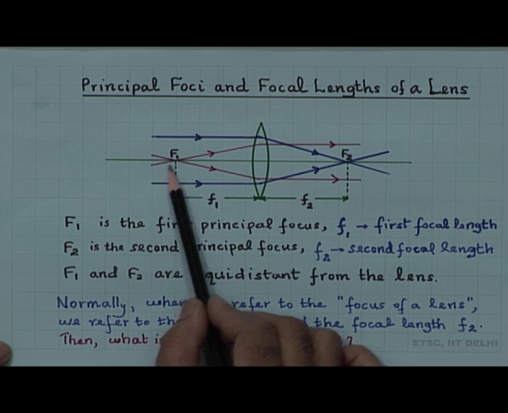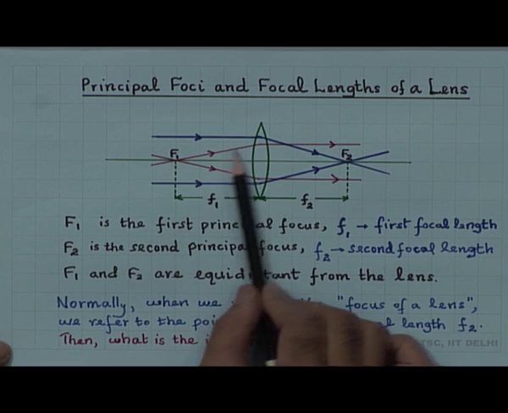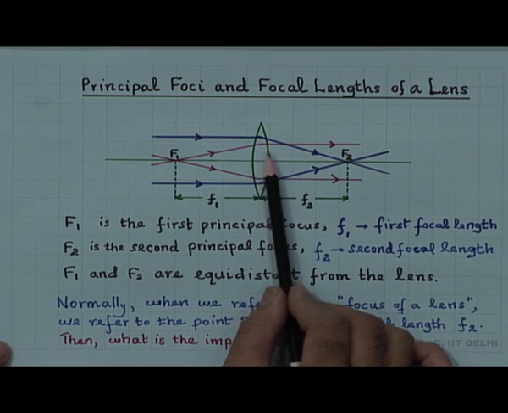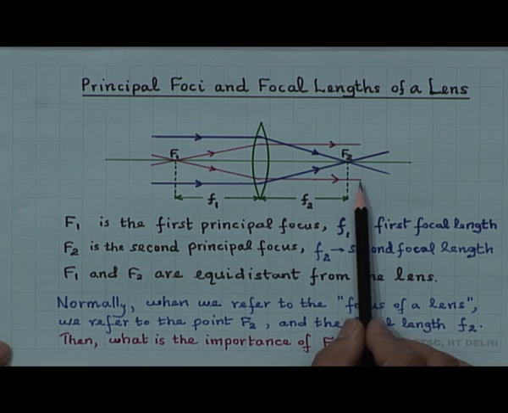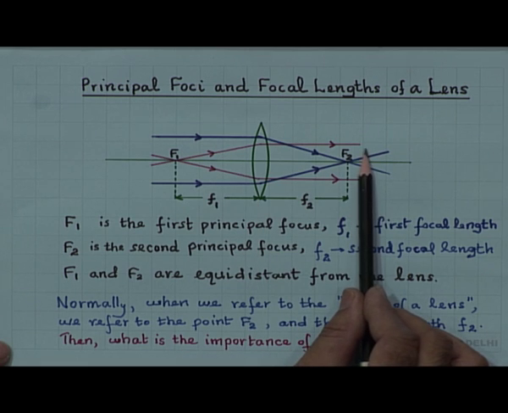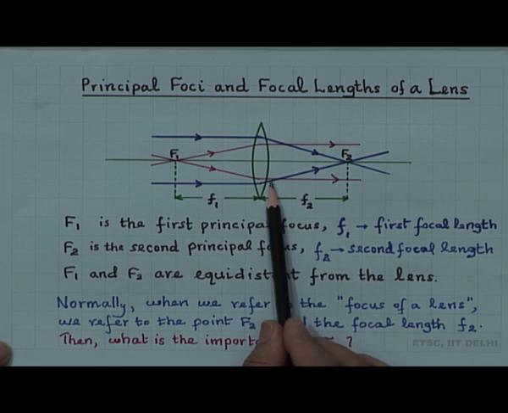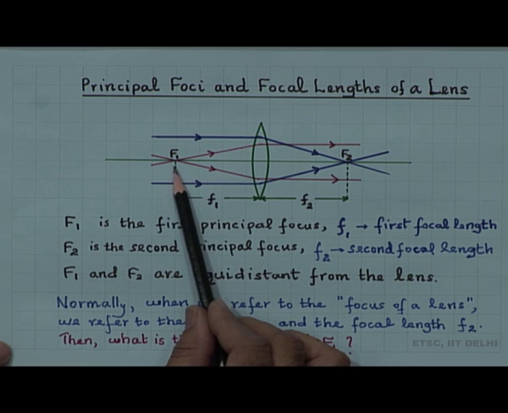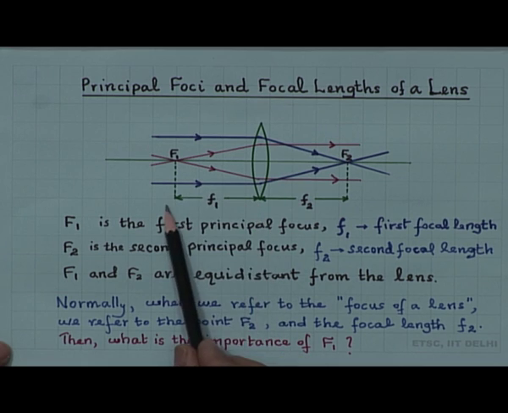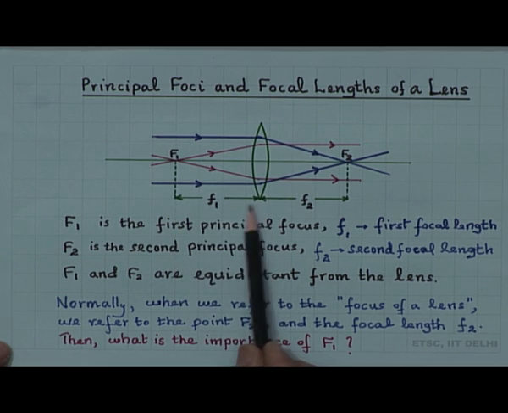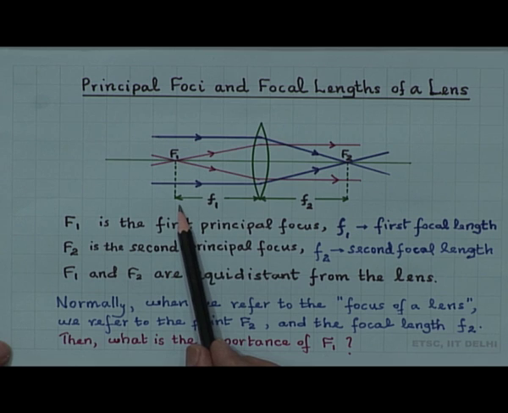Rays which come from the first principal focus here, F1, will be rendered parallel, because if light were to travel from here, that is from right to left, then it would have focused to this principal focus point F1, and this is what we saw in the earlier slide. The focal length is called f1.